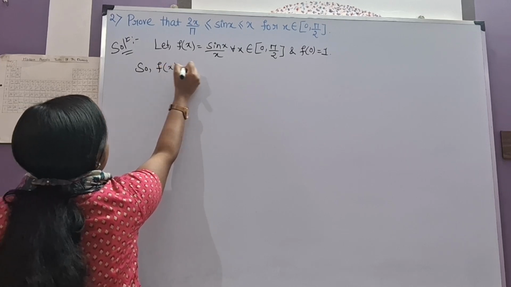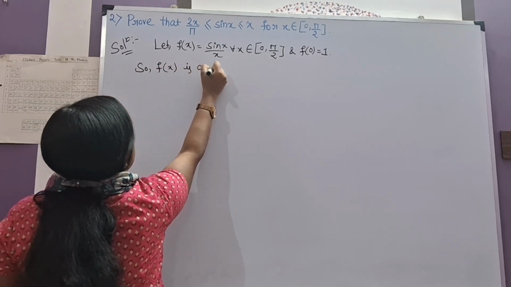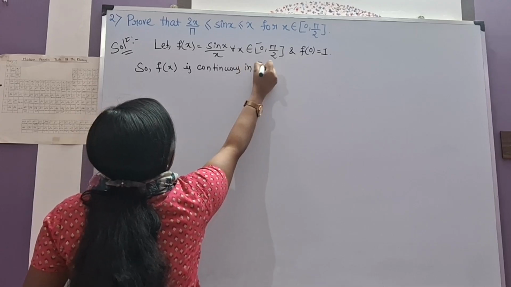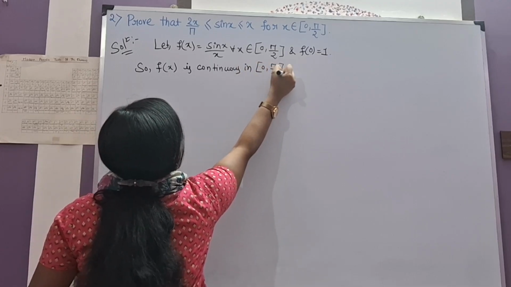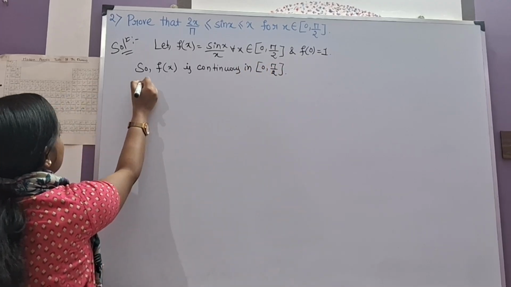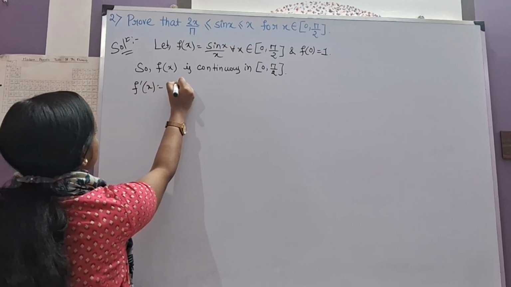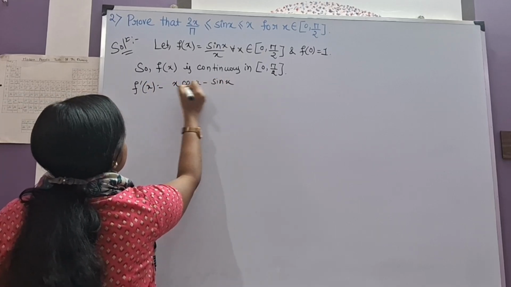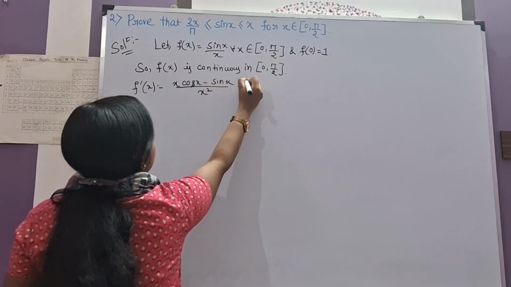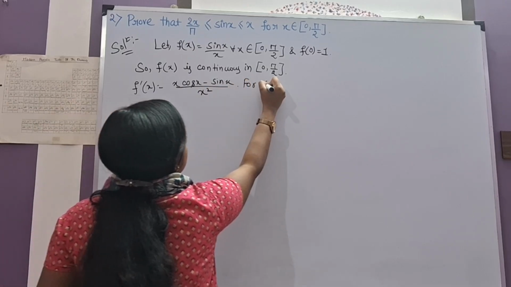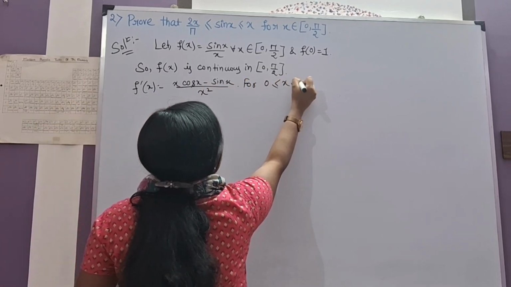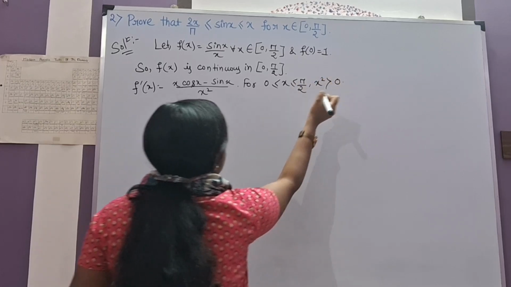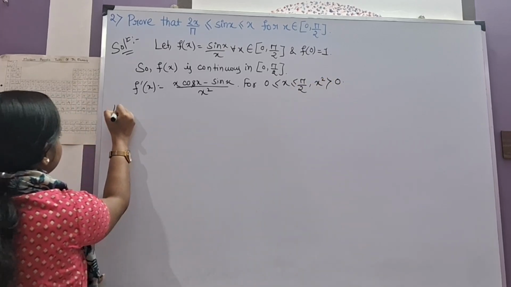So f of x is continuous in closed interval 0, pi by 2. Now f dash of x equal to x cos x minus sin x by x squared. So for 0 less or equal to x less or equal to pi by 2, what we can say? Yes, x squared greater than 0.